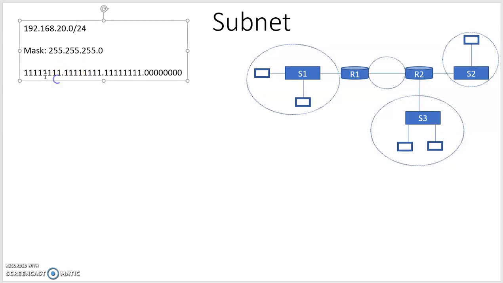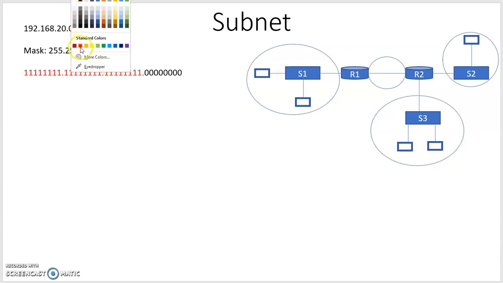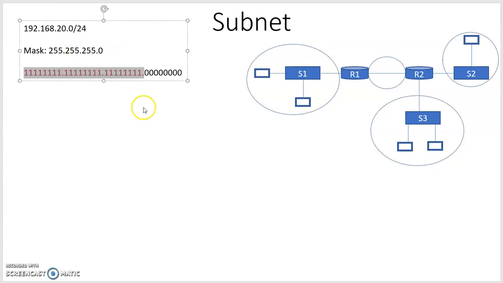So that's the 32-bit IP address, and out of this, the first 24 bits, that's what /24 says, belong to the network portion.